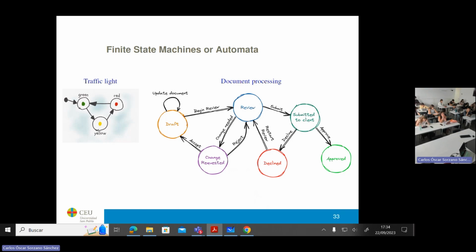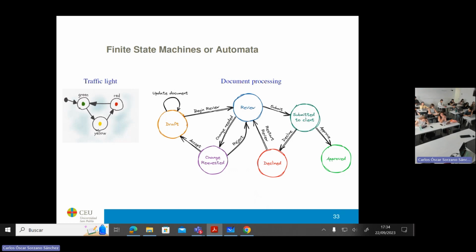And you can also do it with, for instance, a document processing procedure. You can start with a draft, and then you are in the state draft, and next time I will be in the same state, so I'm updating the document. At some point I may ask somebody else to review the document, and then there is a change of state from draft to review.